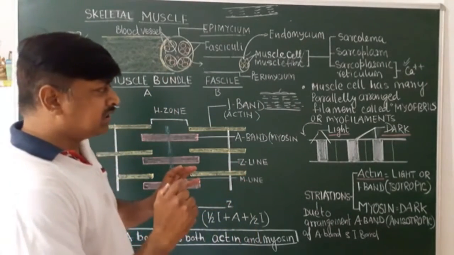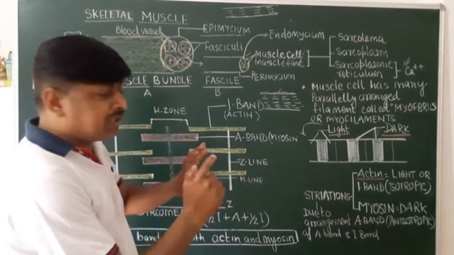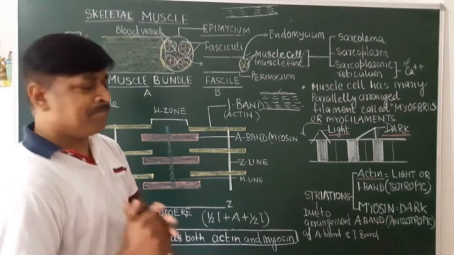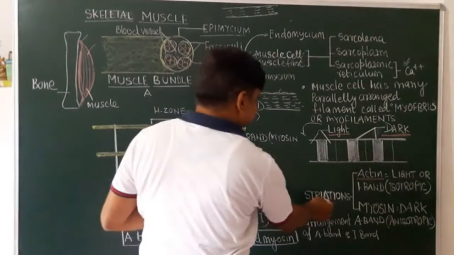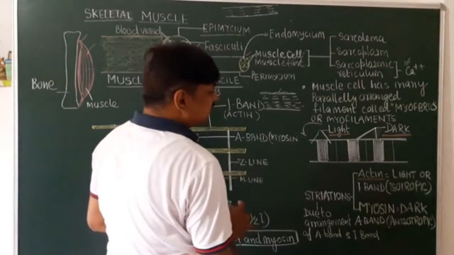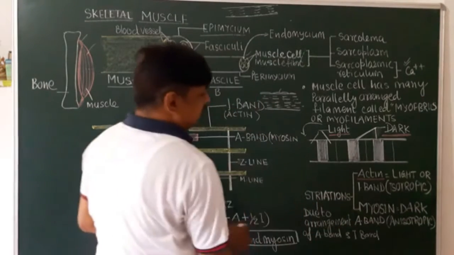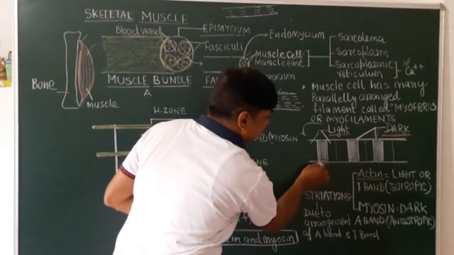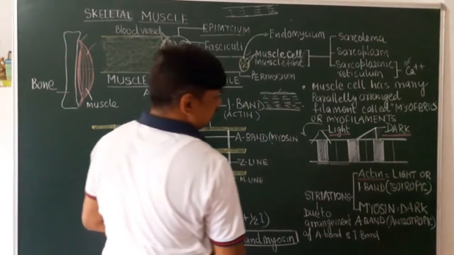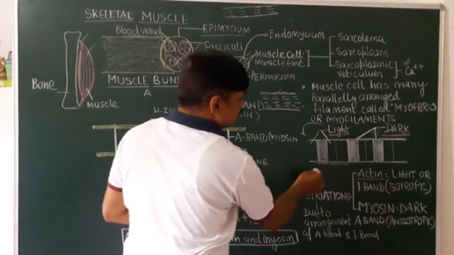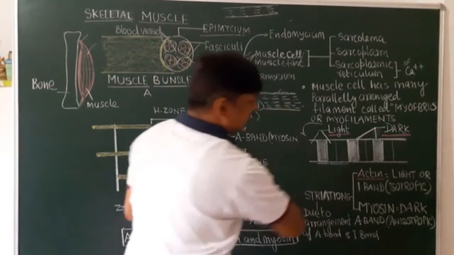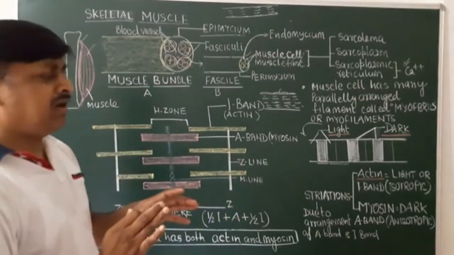These are actually the proteins, actin and myosin. You can see the striations, the dark one is the myosin. This is the myosin protein, and this light one is the actin. So myosin, actin, you can see easily.